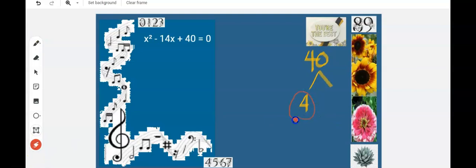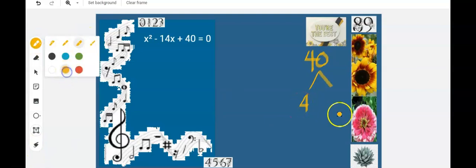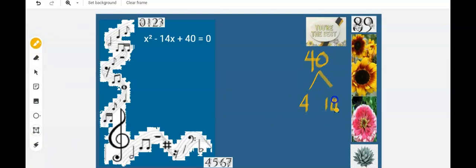What do we multiply with 4 to make 40? It's 10. 4 times 10 is 40. When we add 4 and 10, we get the target sum. Again, where do we get the target sum? From the linear term. The number part of the linear term is 14, so the target sum is 14.